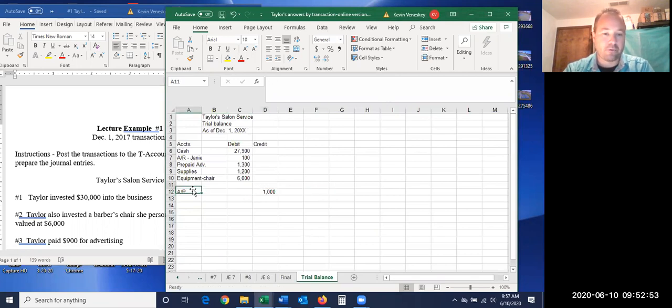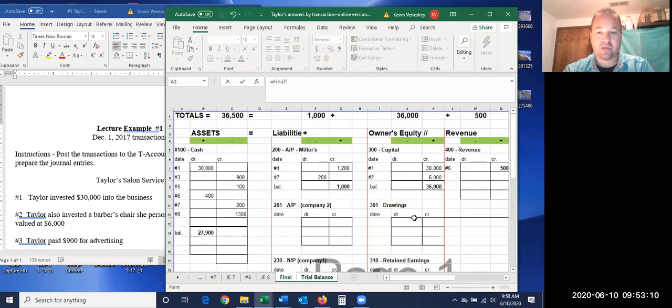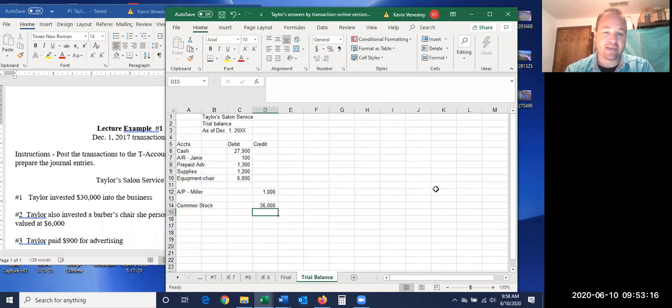And I'm going to go ahead and put in AP Miller. I'm going to skip another line, because I'm starting my owner's equity. And I only have one of these as well, common stock. Common stock or capital, either one, was $36,000 on the credit side. So I need to have this on the credit side.